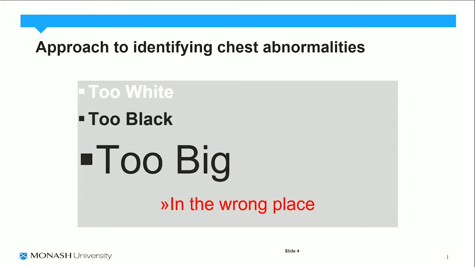And then the second one, if something is too black, and again that's where there's a pneumothorax and where a part of the lung has been replaced by this abnormal air in the pleura. When something is too big, for example with cardiomegaly, and if something is in the wrong place, for example with dextrocardia or situs inversus.